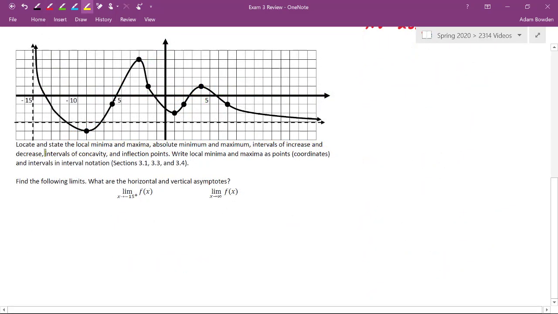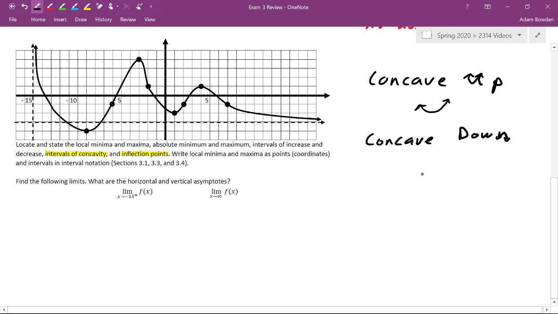Now let's go ahead and clear this out and then talk about the concavity information. So to recall, when we talk about concave up, the graph has a shape cupped upward, like so, and concave down curves downward, cups downward, like so.